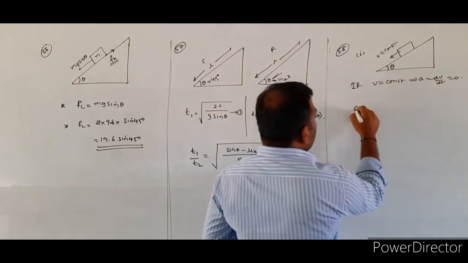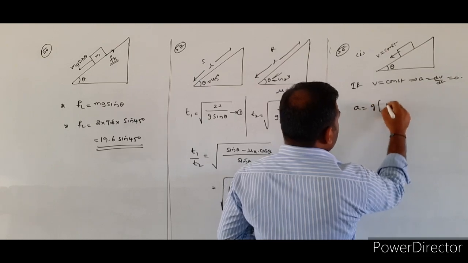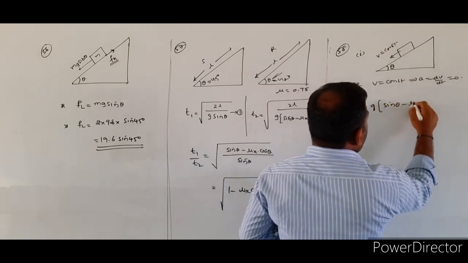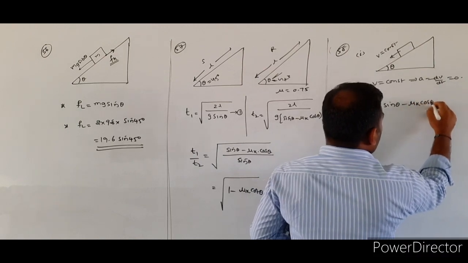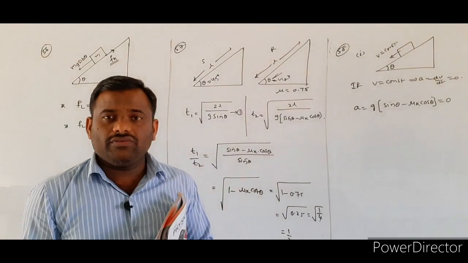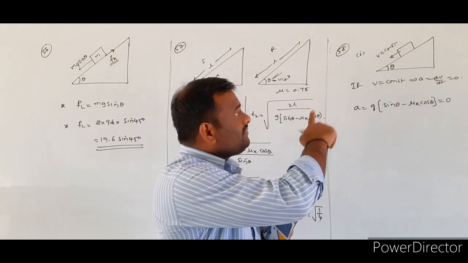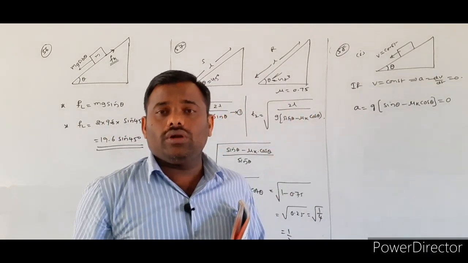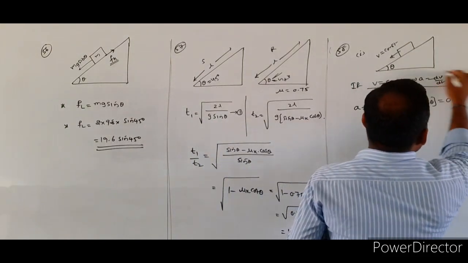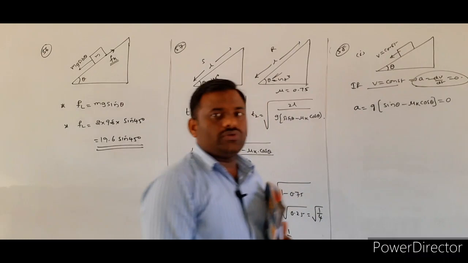For the rough inclined plane, you know the general formula for the acceleration: a is equal to g into sin theta minus mu k cos theta, whose value is equal to 0. Once again, what did they mention? Velocity of the sliding down body is constant. If velocity is constant, acceleration is equal to 0.